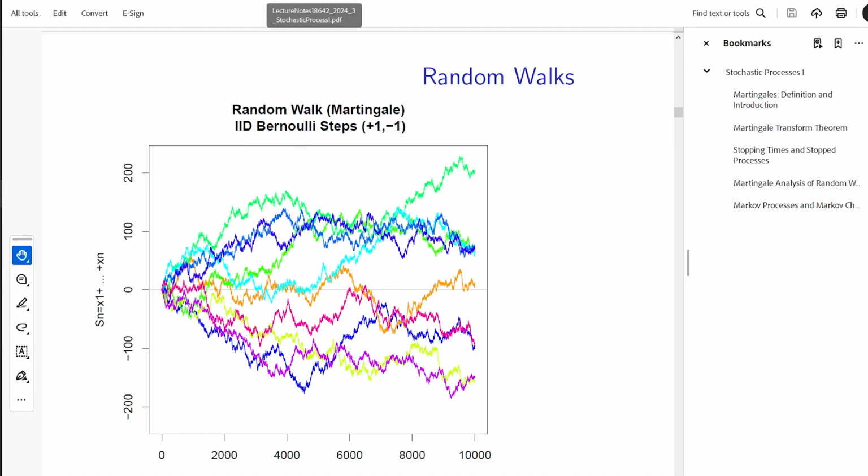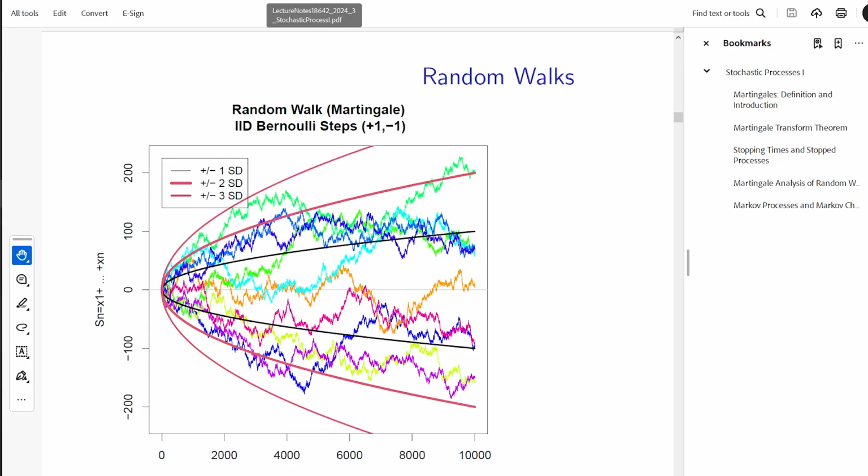Now, if we were to realize 10 different paths of length 10,000, here are examples of that. And so one can see that for a low number of steps, there's not very much variability. It increases as we increase the number of steps. And here, we're just drawing bands at plus or minus multiples of the standard deviation of the random walk value.